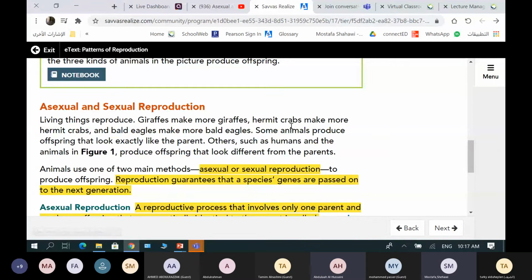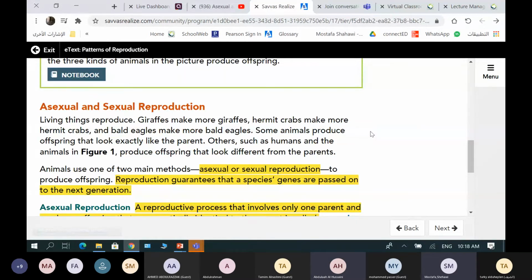Hermit crab make more hermit crab and Crabs. blood grapes and blood Bald make eagles. bald ageless Eagles. Bald eagles eagles make more bald eagles. bald eagles. Some Not eagles. animal- Eagles, not eagles. eagles eagles.